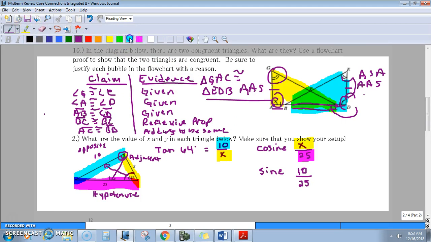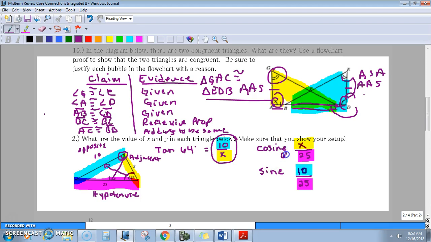So we look at this again. This one is blue over pink. The tangent is the opposite over the adjacent. That's how we set it up, and we set them all up the same.